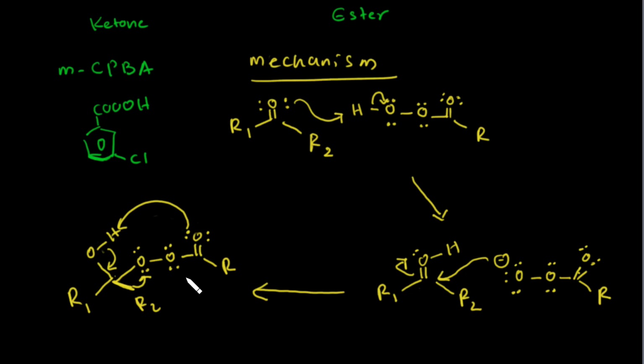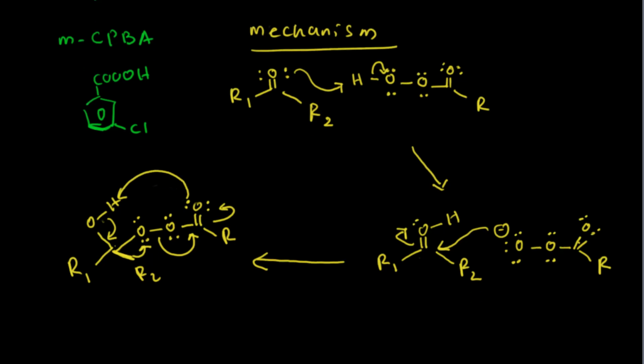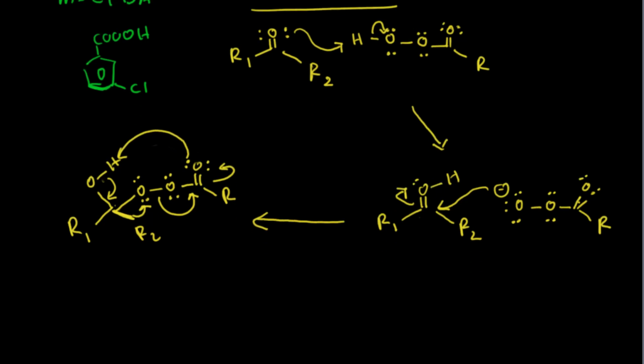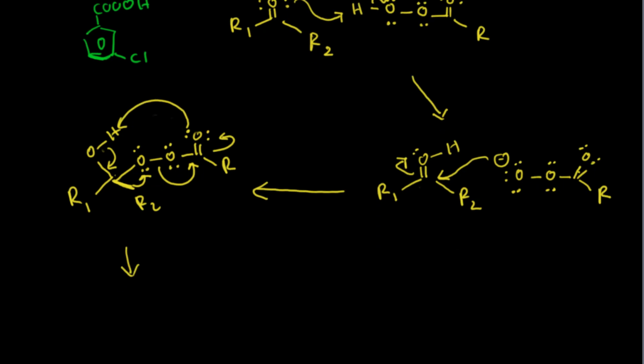And then we have another bond: this oxygen bond breaks and creates a new bond, and then this bond also breaks. Remember that, there are many arrows in this step. And then we have this ester with R1, like this.